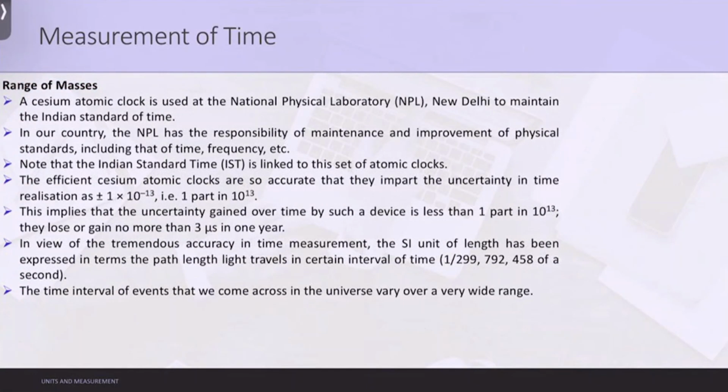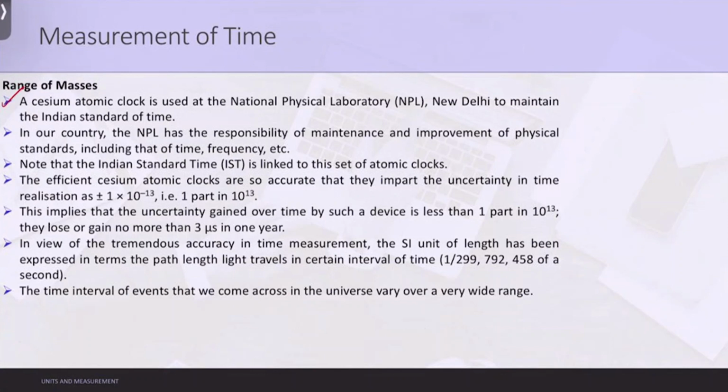Next, a cesium atomic clock is used at the National Physical Laboratory (NPL), New Delhi, to maintain the Indian standard of time.